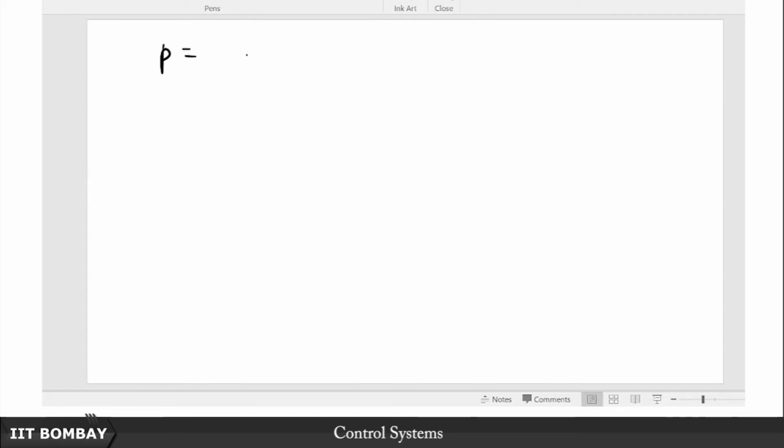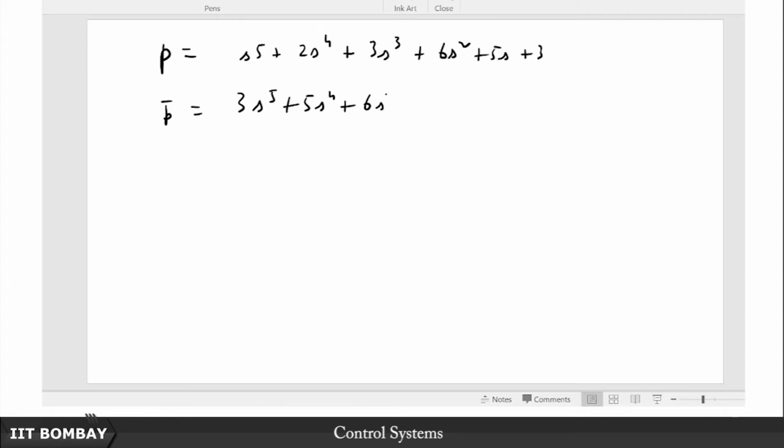If p is equal to s to the 5 plus 2s to the 4 plus 3s cubed plus 6s squared plus 5s plus 3, then p bar by our nomenclature would be 3s to the 5 plus 5s to the 4 plus 6s cubed plus 3s squared plus 2s plus 1. So let us try to cook up the Routh array for this.